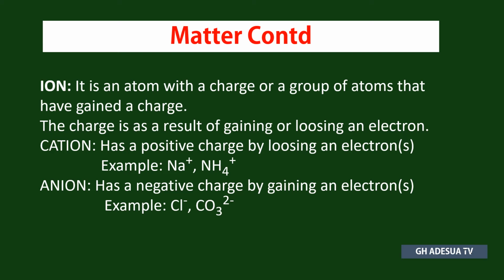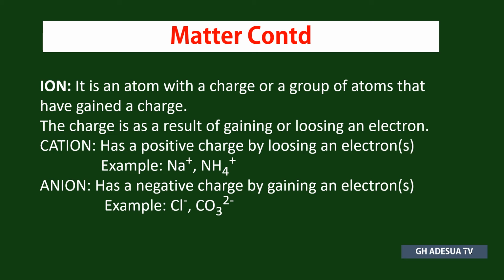Now, for an anion, you are gaining electrons. So assume they all have 7, 7 charges, and then you decide to add 2 electrons. That will make the electrons 2 more than the protons. Meanwhile, you know that the electrons are negatively charged.